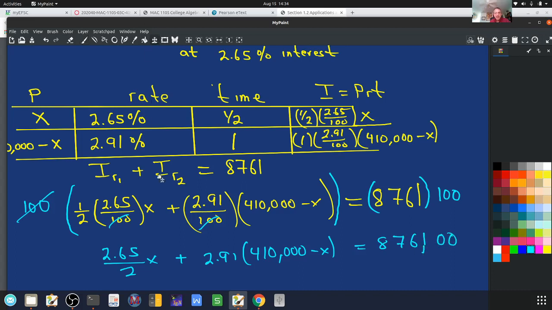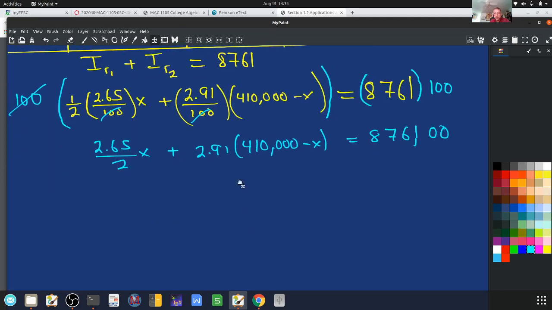So it's nasty, especially since you're not supposed to use a calculator. But now what I would do is, notice I still have a 2 in the denominator. I would multiply everything by 2 one more time and solve for x. And I'm literally going to let you do that on your own. And I'm okay with you in this case to use a calculator.